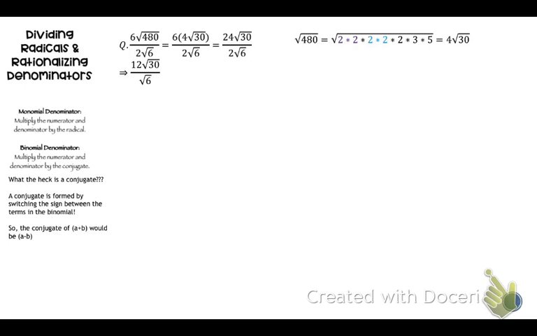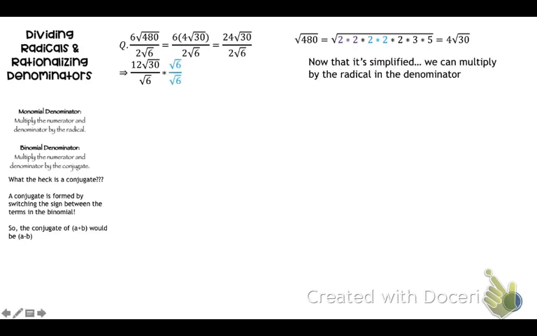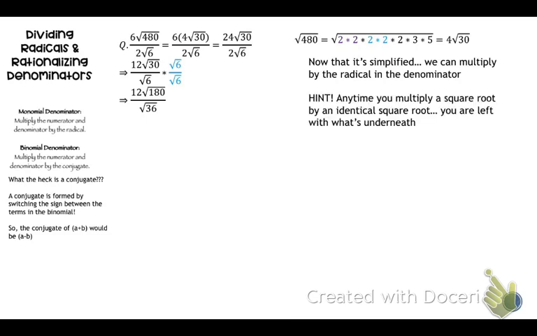Now, this is a monomial in the denominator. So now we're just going to multiply top and bottom by the square root of 6. Then we multiply. So 12 square roots of 180 over the square root of 36. The reason we multiplied by that 6 on the bottom is because we created a perfect square right there so that you are just left with a 6.